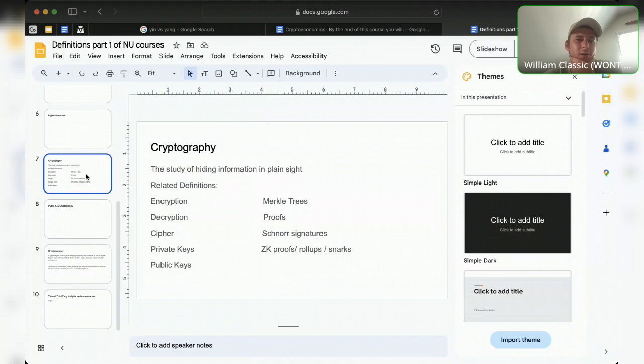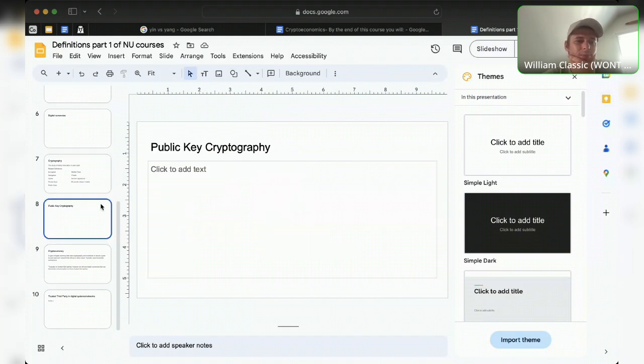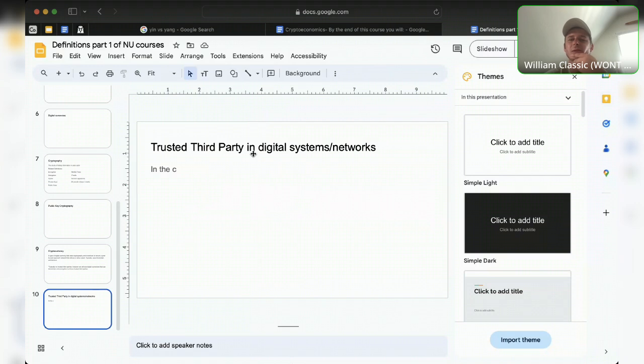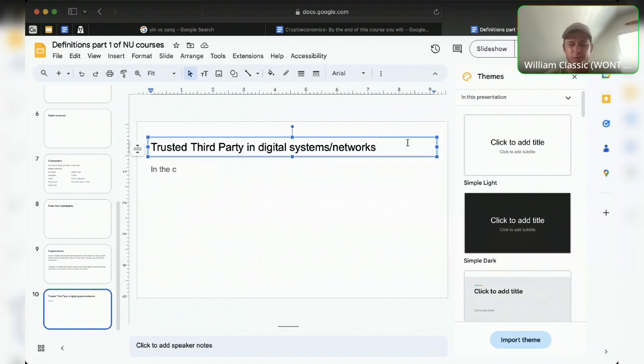It's just the blueprints, so it doesn't really matter. Public key cryptography, cryptocurrency. Okay, now we can get to this, because I wanted to add protocols. I feel like this is too much. I should just say computer science.